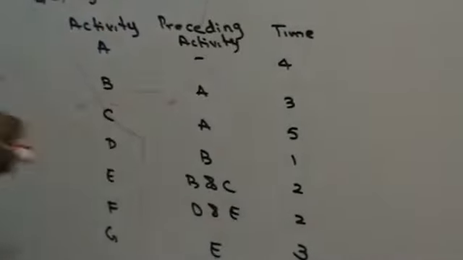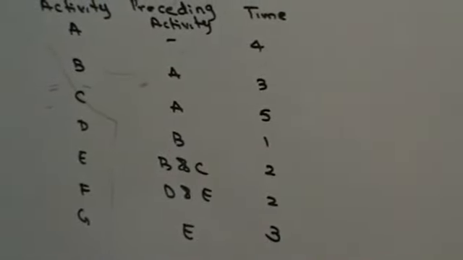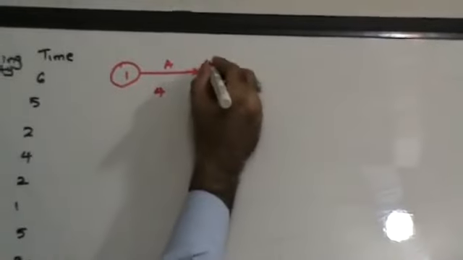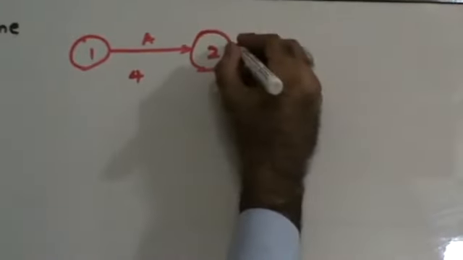Let's draw the network diagram for this. Now, you have nothing preceding A. So event 1 will give activity A, which is of 4 days, right? Then this will give you 2. Now, from A you have B and C coming out.